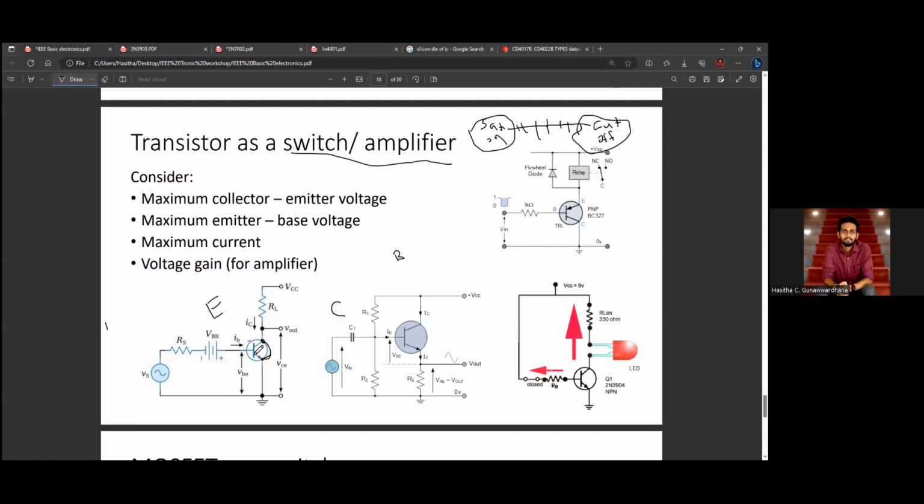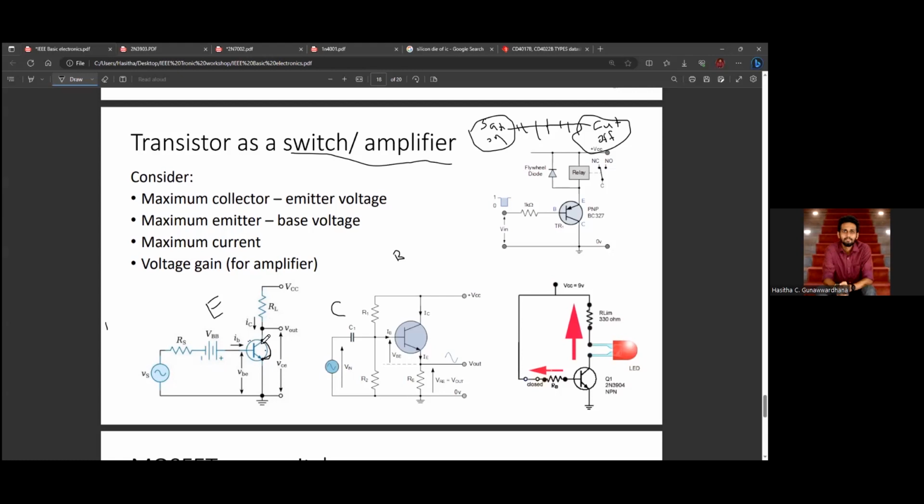Then what will be the maximum voltage if the transistor is turned off, if there is no connection between this collector and emitter? The whole supply voltage will be applied between these two terminals. So we have to consider these two basically.